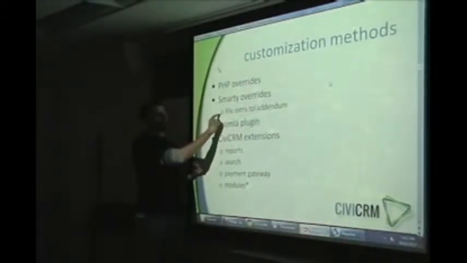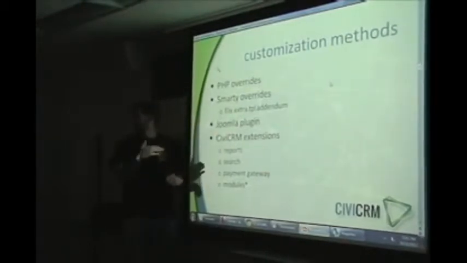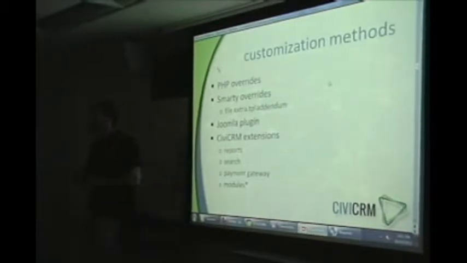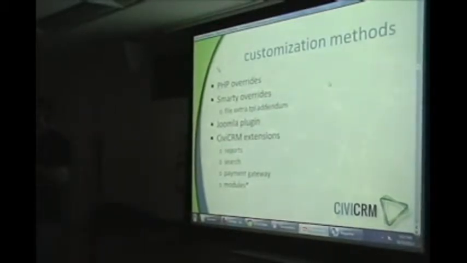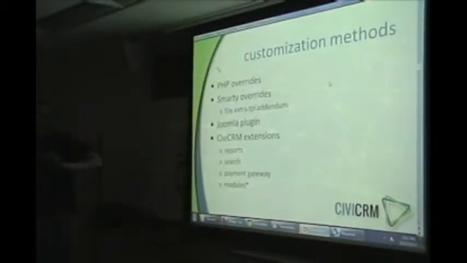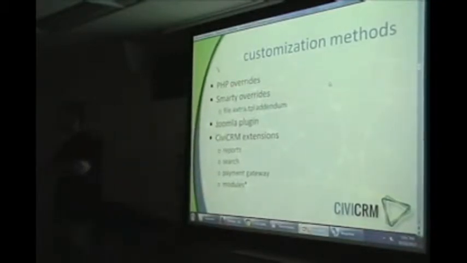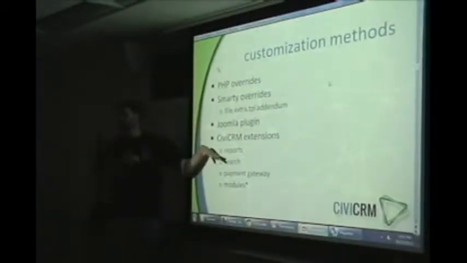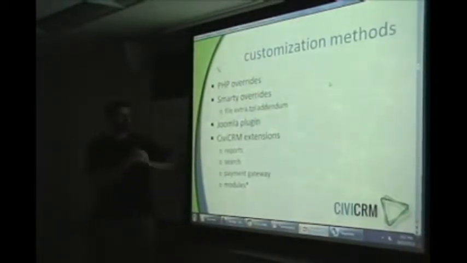So if I've got register.tpl, and I create register.extra.tpl, rather than overriding register.tpl, I'm appending whatever content I put in here to that template. I'll show you why that's really cool a little bit later, but just hold that thought. Let me run through these, and we'll get into each of them in more detail.